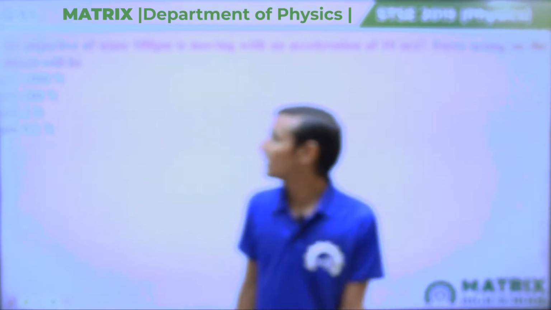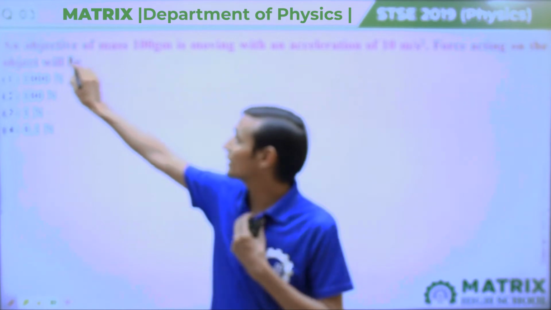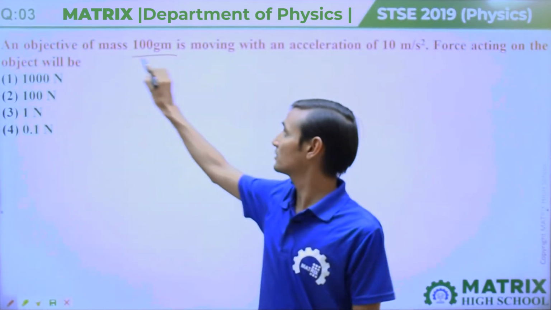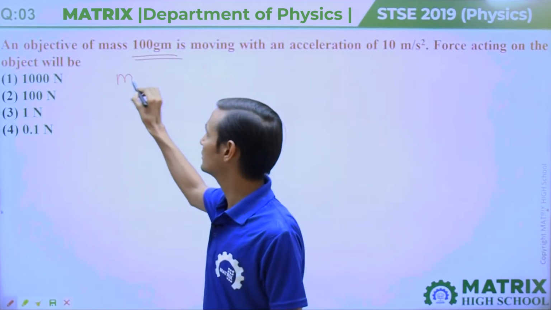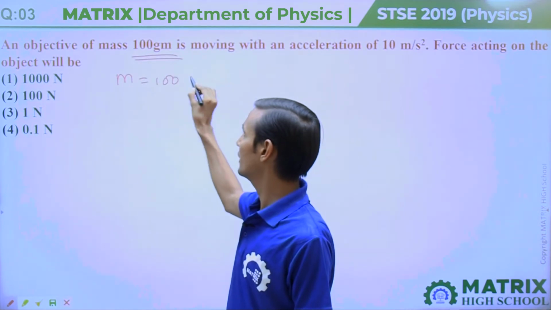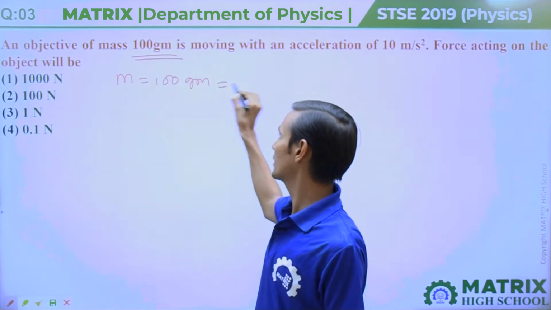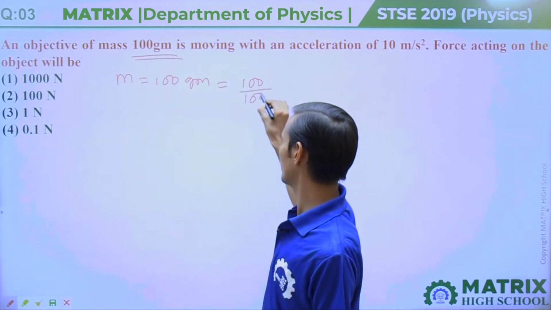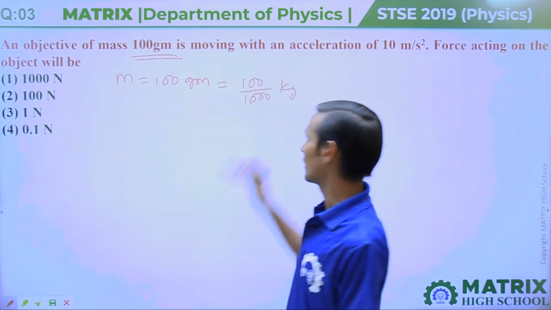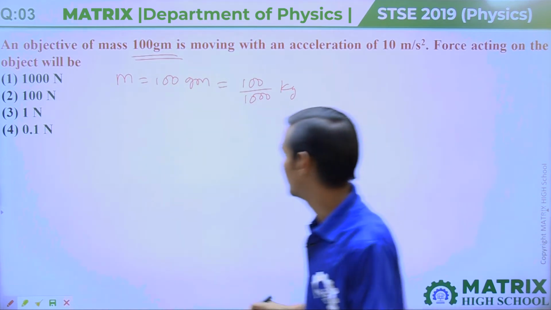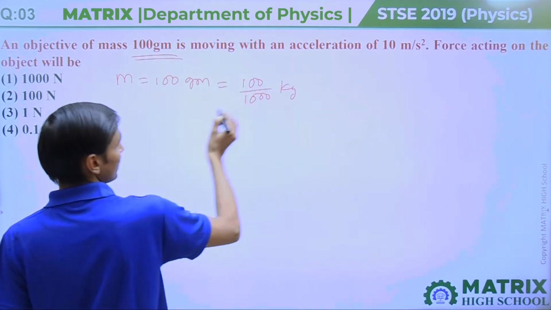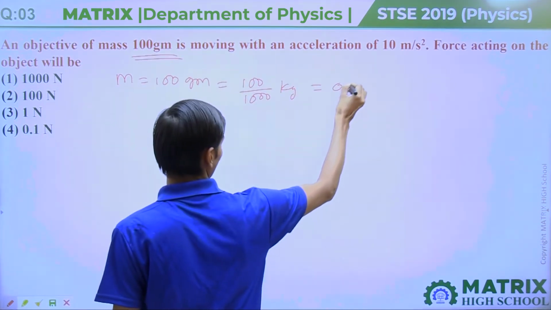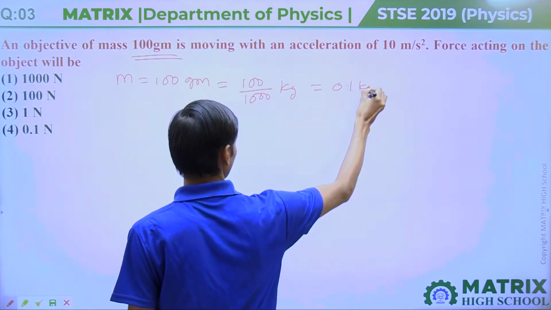Next, question number 3. An object of mass 100 gram is moving with an acceleration of 10 meter per second square. Mass is given as 100 gram, that means 100 divided by 1000 kg, which is 0.1 kg.